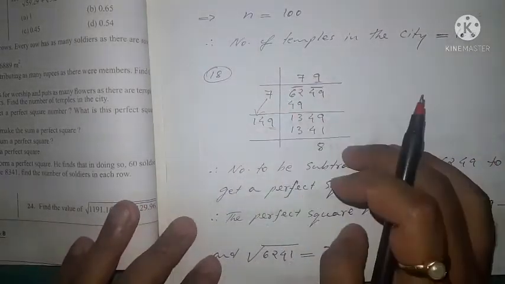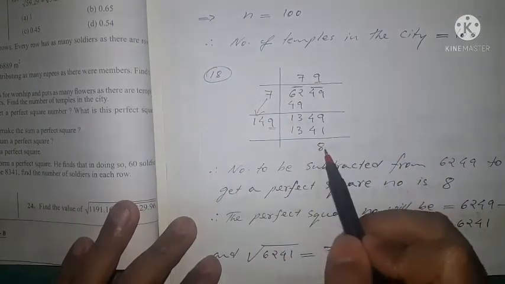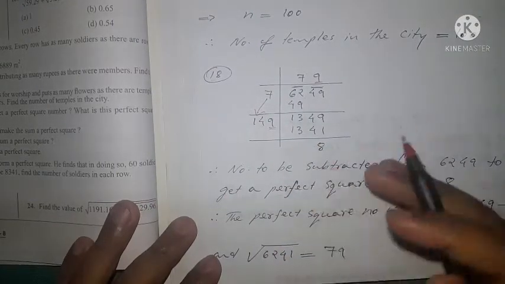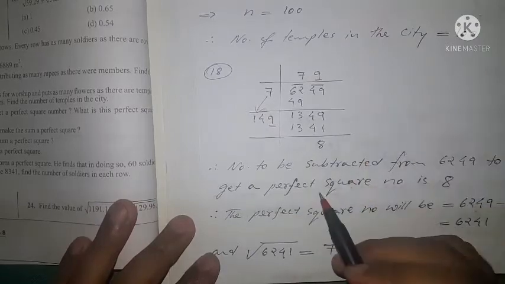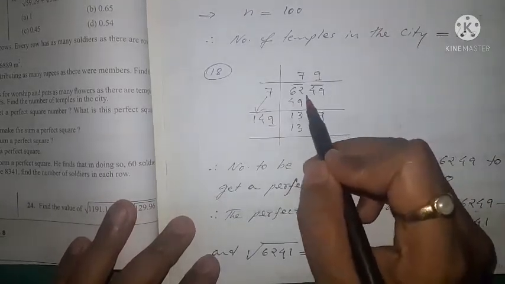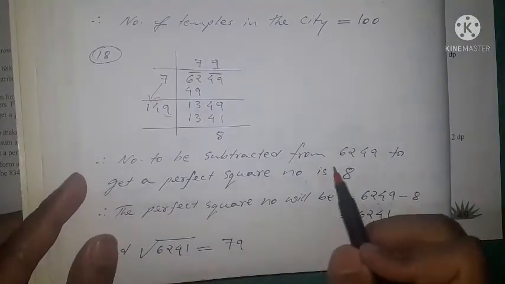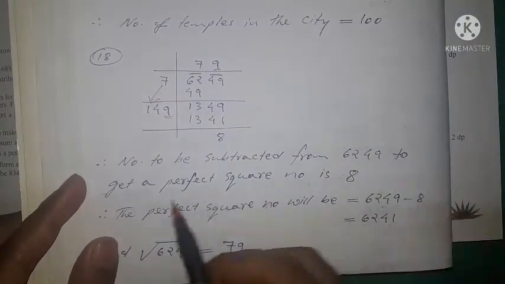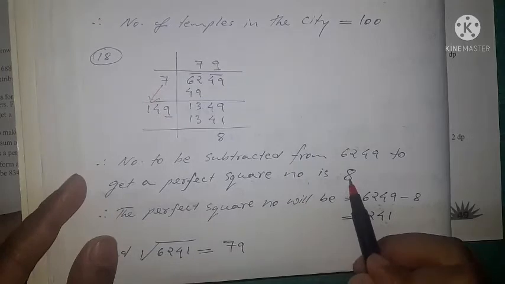After the division we have seen that the 8 is the remainder, more than the perfect square. So to make this number a perfect square we need to subtract 8. Therefore the number to be subtracted from 6249 is 8.